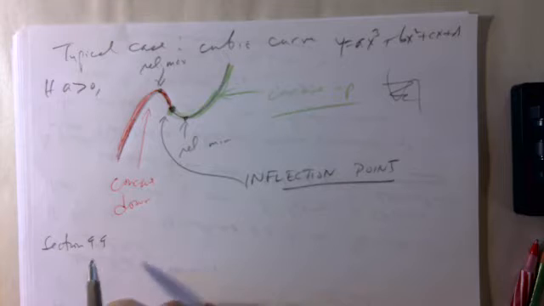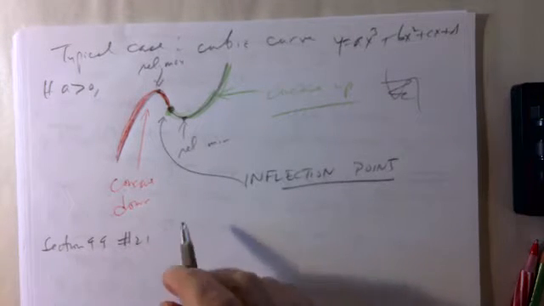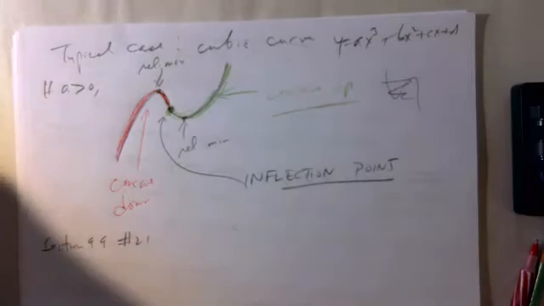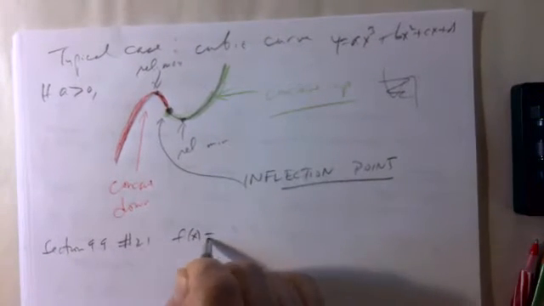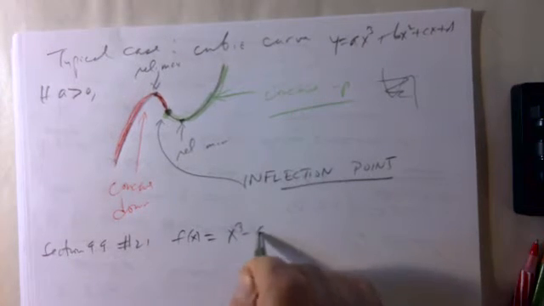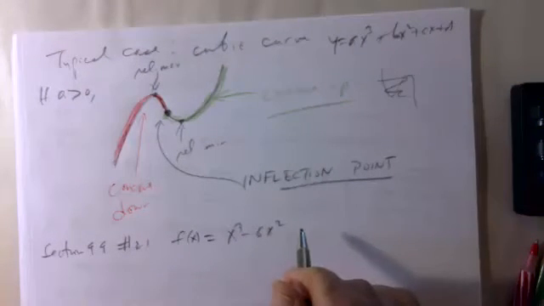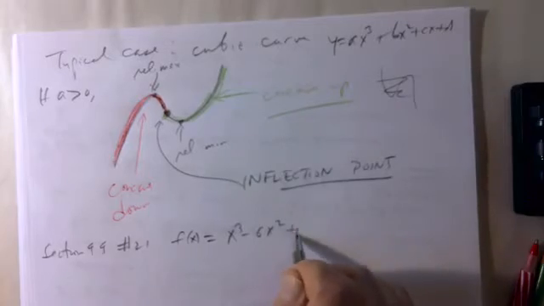Let's look at number 21. We have the function f of x equals x cubed minus 6x squared plus 12x.